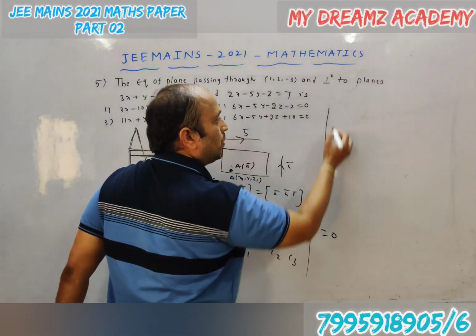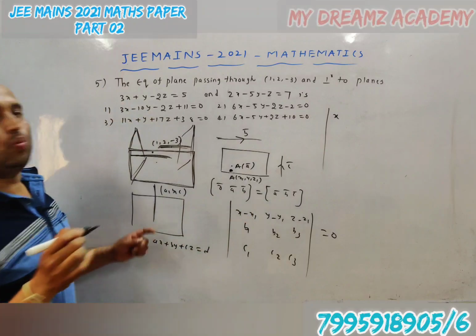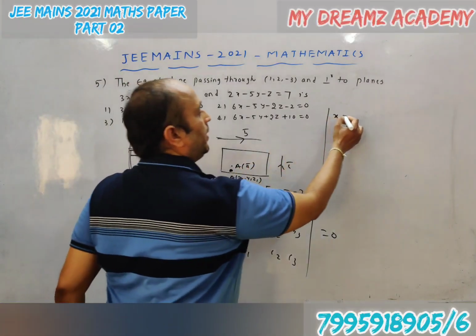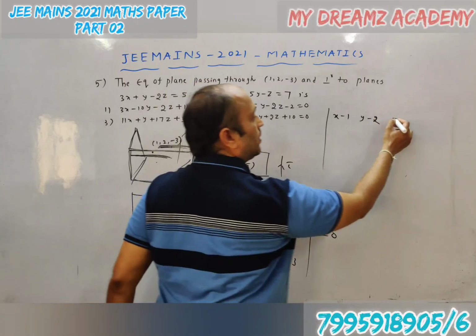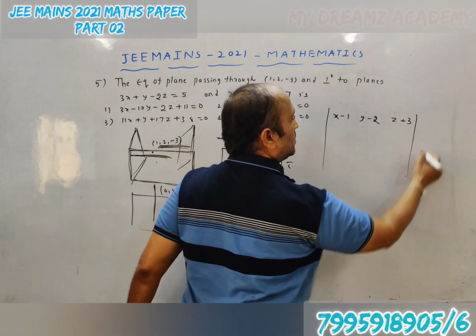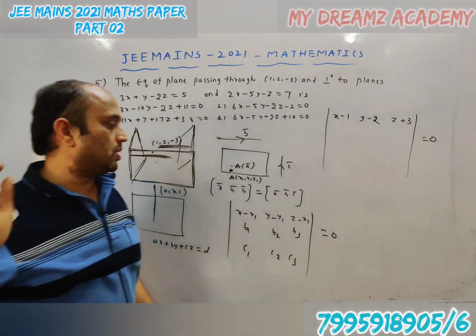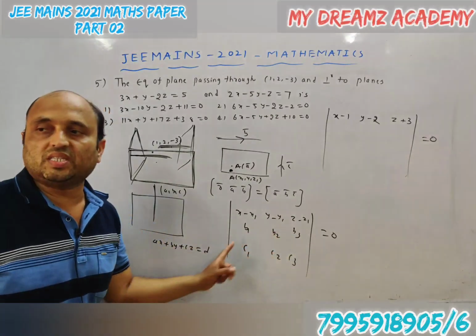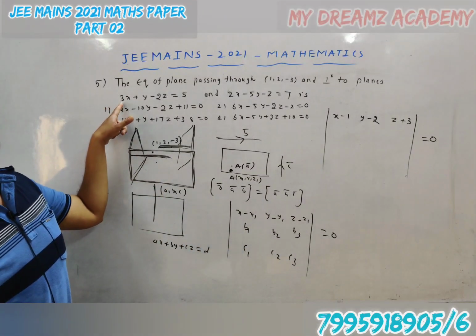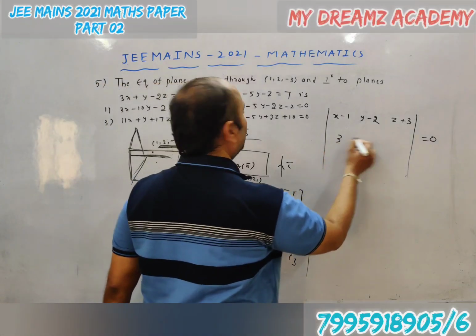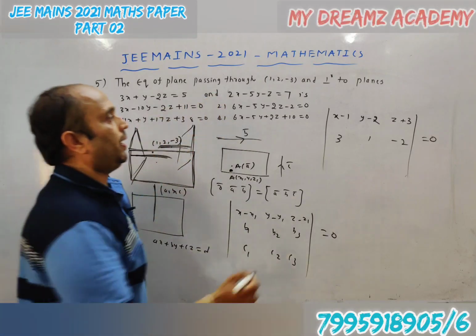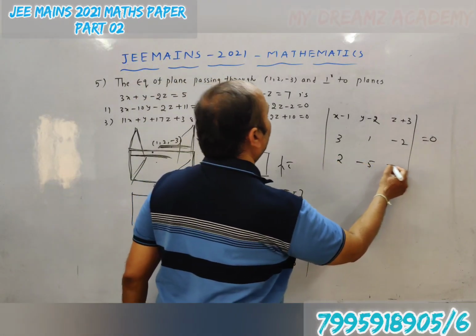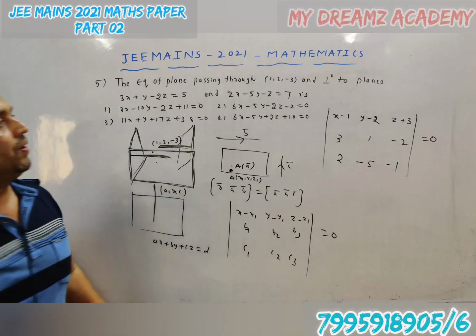That's it. X minus x1, y minus y1, z minus z1 is equal to 0, passing through this point. This is our required equation. b1, b2, b3 are the direction ratios of the first plane, 3, 1, minus 2, and the direction ratios of the second plane are 2, minus 5, minus 1.